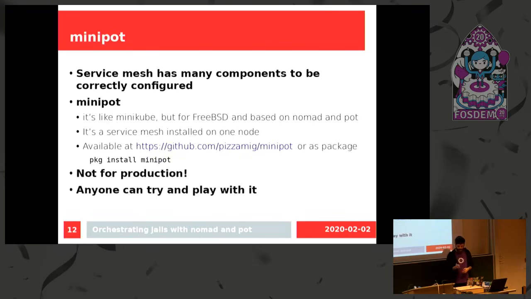It's not for production, not at all, because you don't have high availability and fault tolerance, of course. It's running only on your machine. But anyone can try. If you want to give it a spot, this is the way. There is a README page with the instructions on how to install it. It's not for production. If it's not clear, it's not for production.